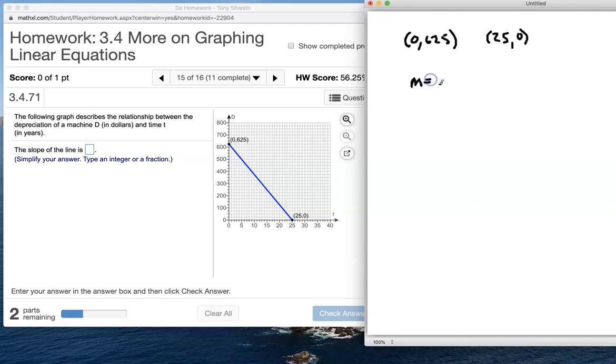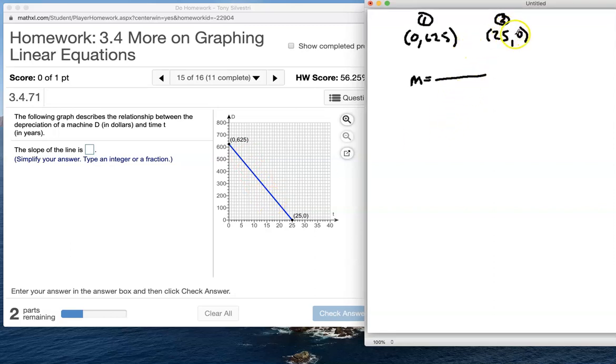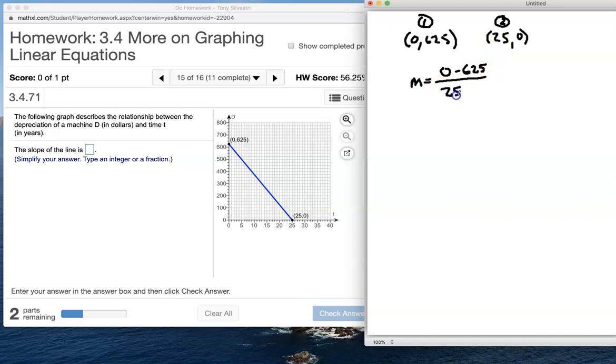M equals y2 minus y1 over x2 minus x1. Point 1, point 2. Well, this slope better be negative because it's going down. So let's see if it comes negative at the very least. Y2 is 0 minus y1, which is 625, divided by x2, which is 25, minus 0.